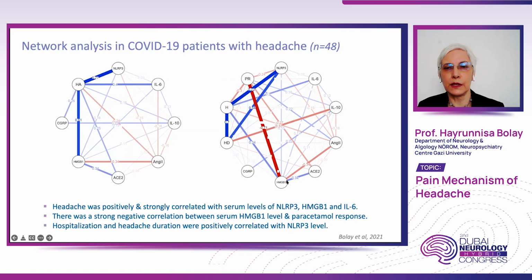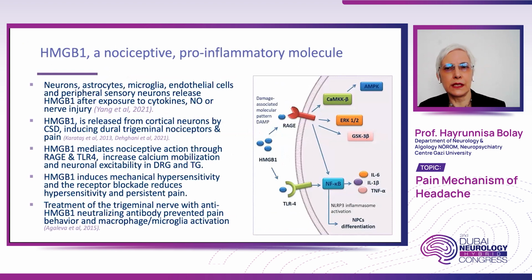So if it is higher, there was paracetamol unresponsiveness, and hospitalization and headache duration were also associated with NLRP3. So we have a very nice connection as a nociceptive and pro-inflammatory molecule that could play a role in persistent, unrelenting headache associated with COVID-19.